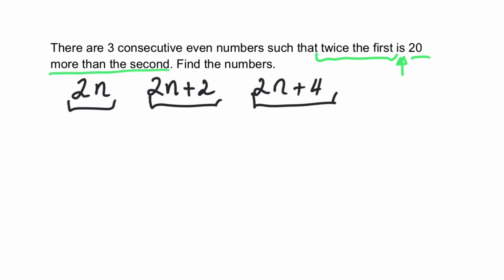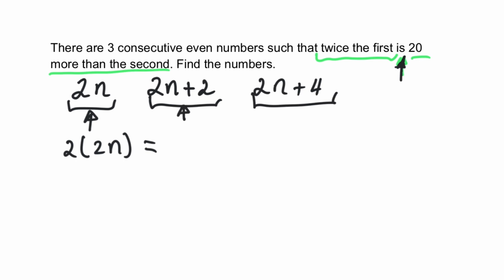So let's translate that into algebra. Twice the first, which one is the first? This one is the first. So twice that will be 2 times 2n, right? And when they say is, we bring down the equal sign, and it's going to be equal to 20 more than the second. So which one is our second number? You got it.